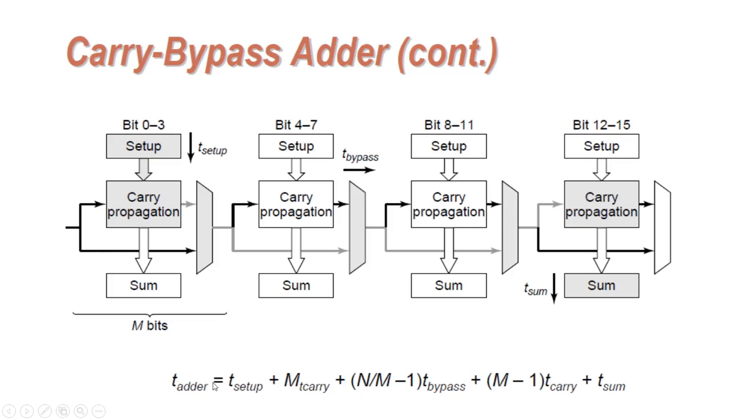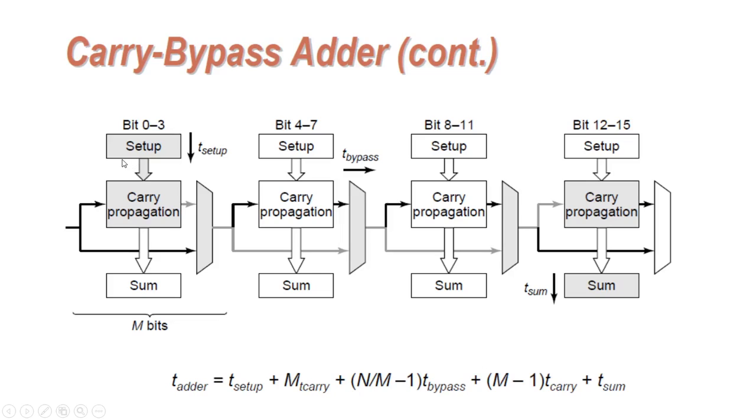Let us see what is the time that is required to get the final output. What we are considering, please have a look at these gray colored blocks. Assume that we are given all two 16-bit inputs, that is A0 to A15 and B0 to B15.